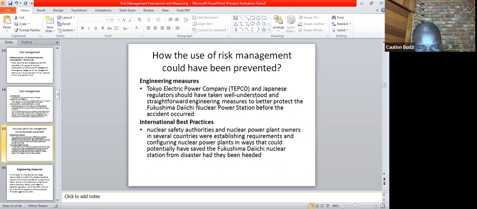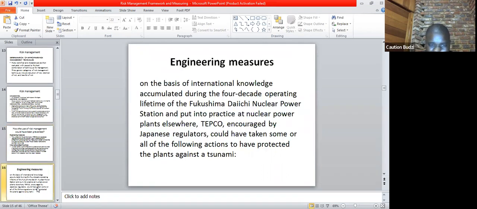On international best practice, the nuclear safety authorities and nuclear power plant owners in several countries were establishing requirements and configuring nuclear power plants in ways that could potentially have saved the Fukushima nuclear station from disaster had they been repeated. So we are going to look at engineering measures and international best practices.